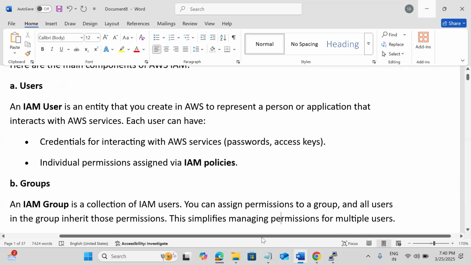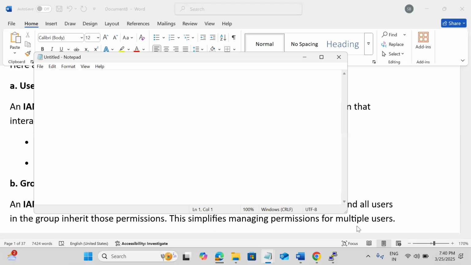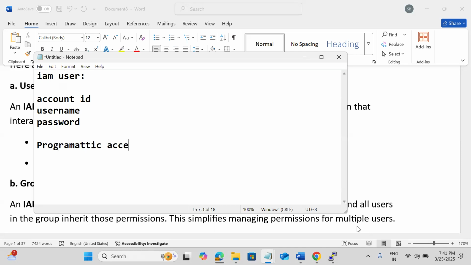So now, whenever we have an IAM user, the user can use the account ID. We have a 12-digit account ID, then his username, then password. But we have one more type of access, that is programmatic access. In programmatic access, we get an access key and secret key.